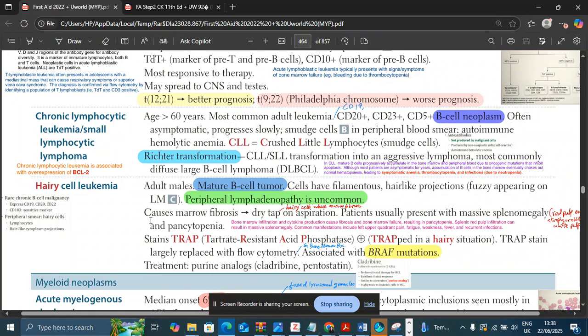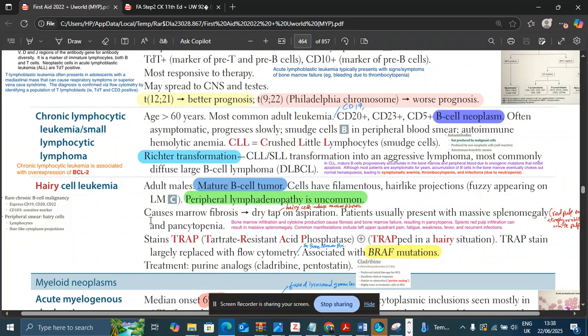When these leukemic cells infiltrate the splenic red pulp, the spleen, it results in massive splenomegaly. So infiltration of the bone marrow leads to marrow failure and pancytopenia, and infiltration of the spleen leads to splenomegaly.